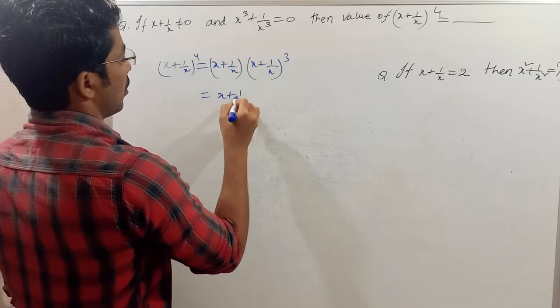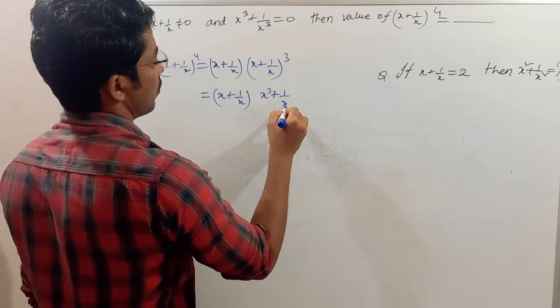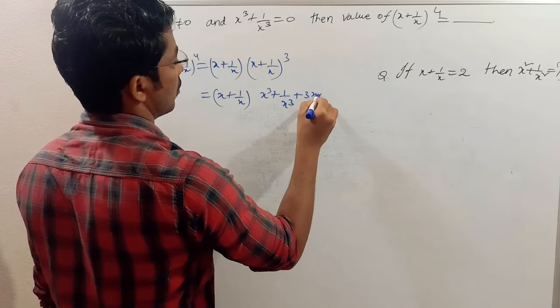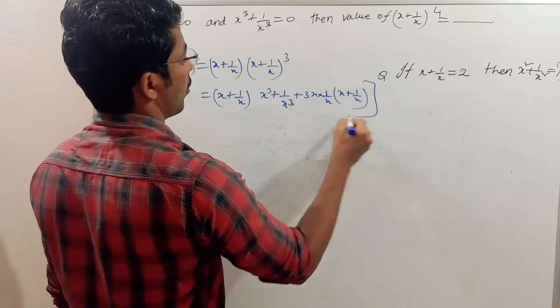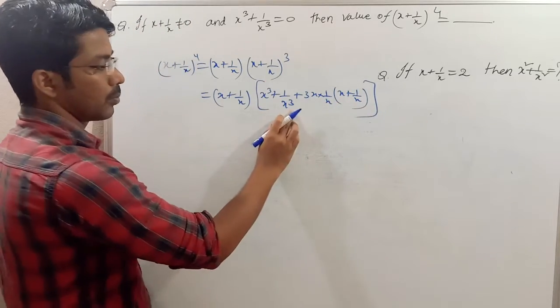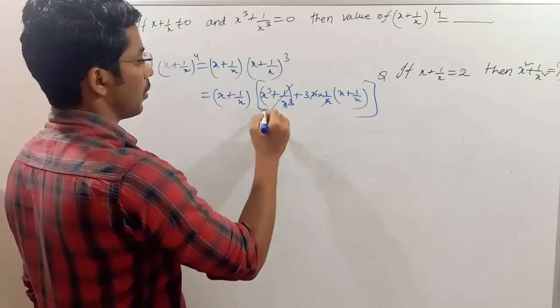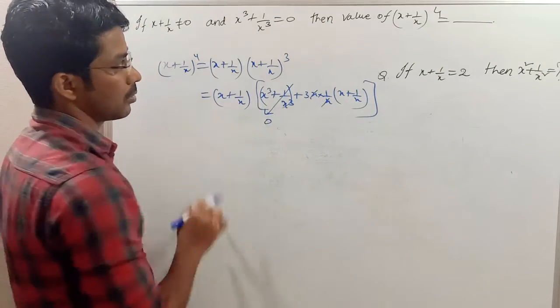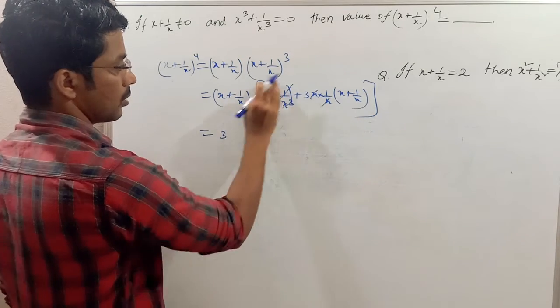So this (x plus 1 by x) whole cube can be written as a cube plus b cube plus 3ab of (a plus b). This is the formula of (a plus b) whole cube. The x and 1 by x get cancelled, and x cube plus 1 by x cube is 0, so this is removed.